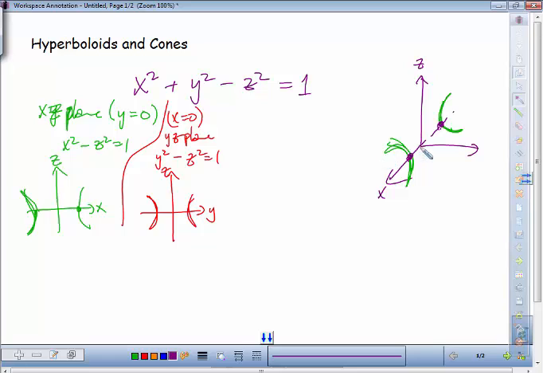So when I draw this in this graph, I would be opening up this way. Okay?